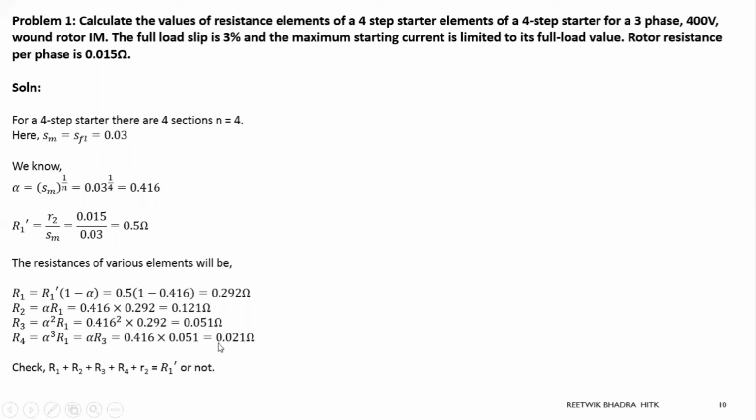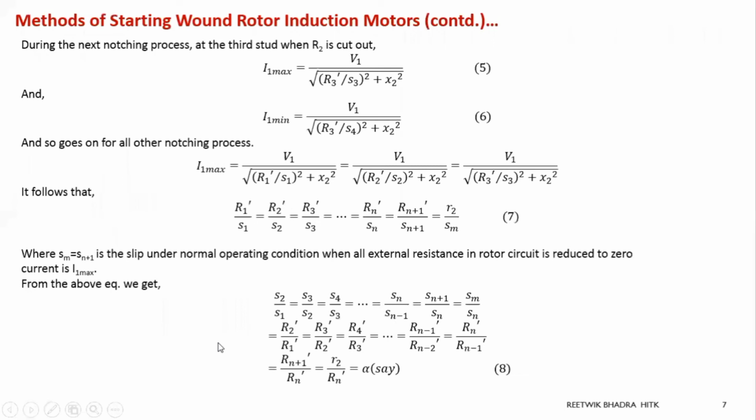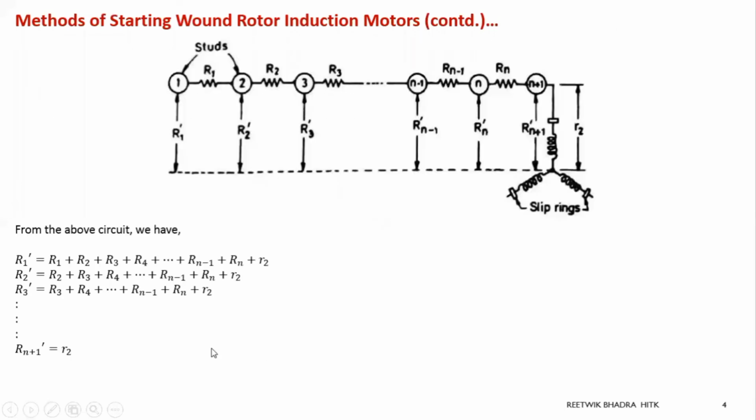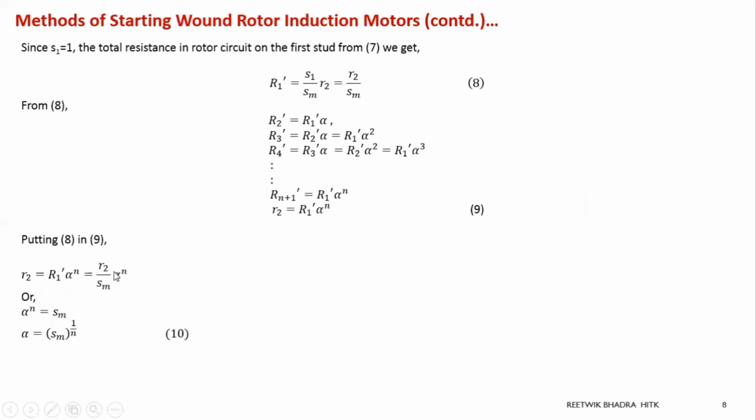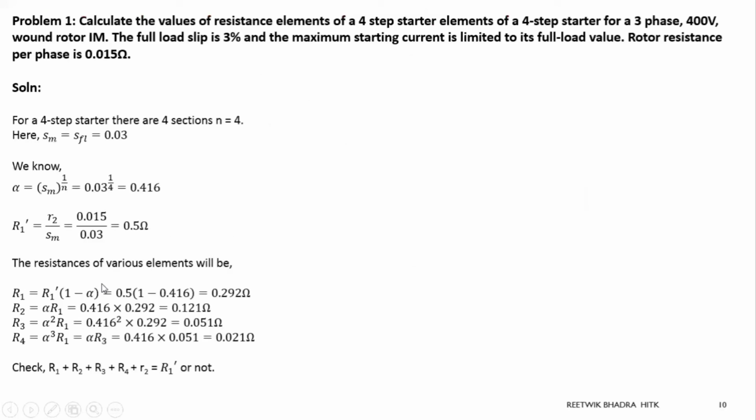Now, at last, you have to perform one check. What is that check? This formula. You have R1 dash is equal to R1 plus this formula plus R2. So you have to check whether all the values calculated over here, R1 plus R2 plus R3 plus R4 plus small r2, is equal to R1 dash.